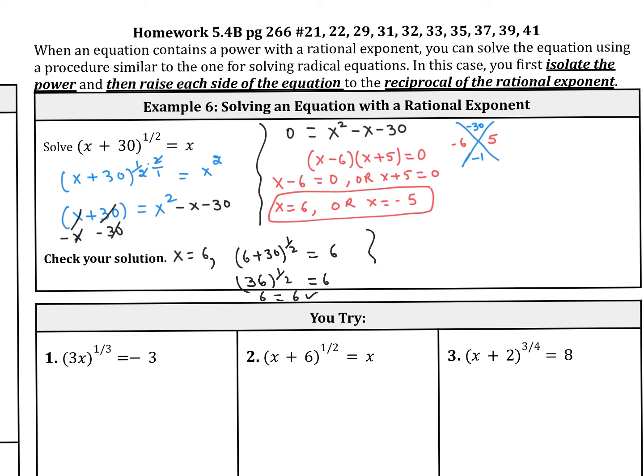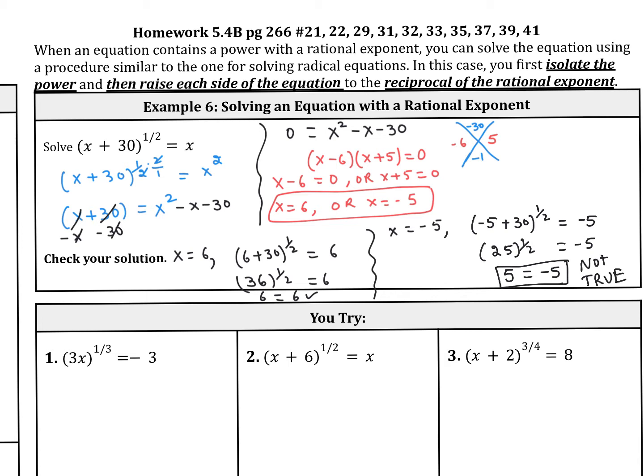So it's true. Now we're going to check if x equals -5 is a true answer for the equation or not. So we use our given equation and plug in x as -5. The square root of 25 should be 5, and on the other side is -5, which is not true.